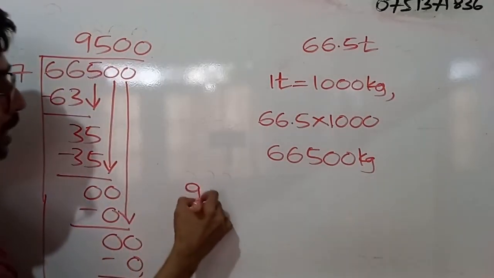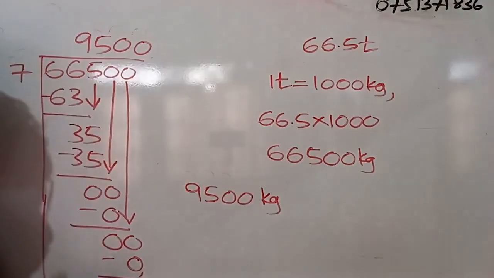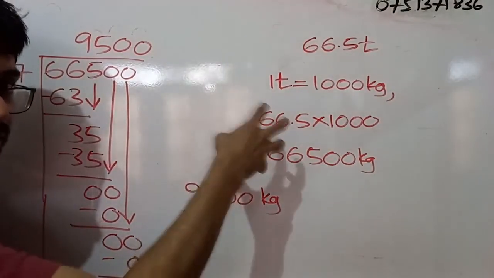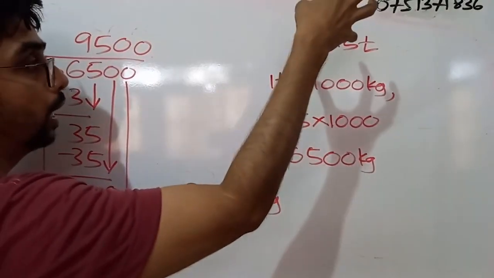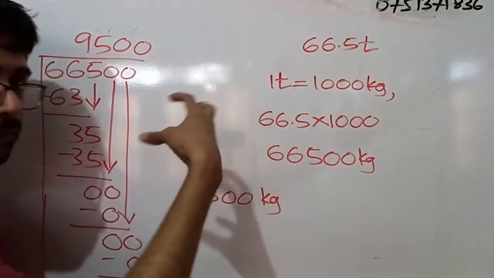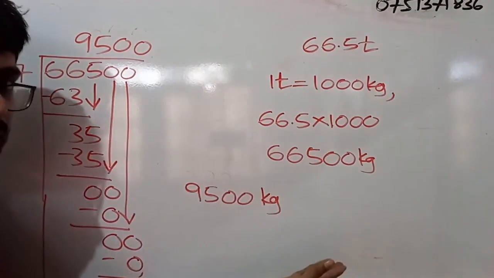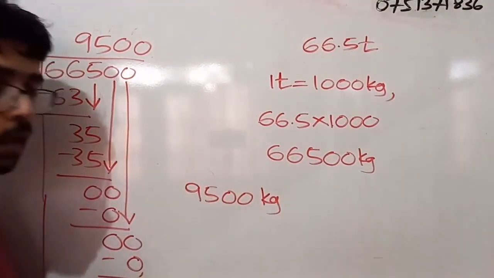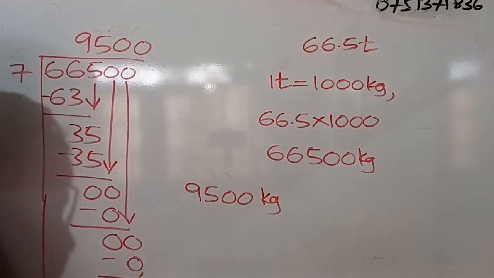What does this number mean? These are kilograms. The lorry had to make 7 trips in order to transport this entire amount of rice from one place to another place, so each time it carried 9,500 kilograms.